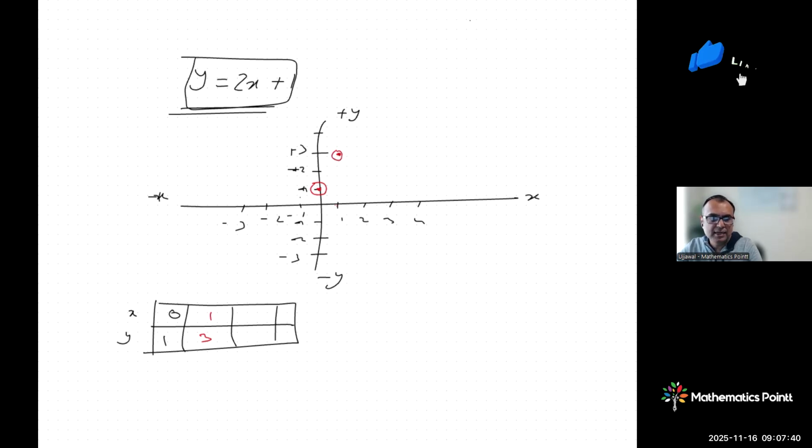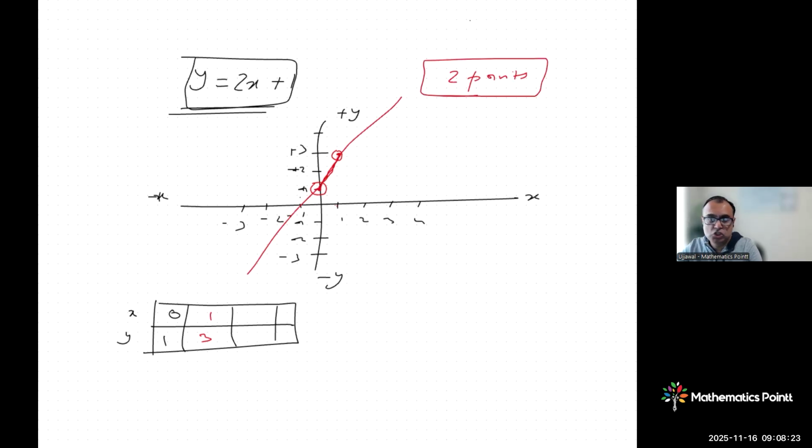Now, technically speaking, I can draw a straight line the moment I have 2 points. A straight line just needs 2 points. Not a perfect straight line, but I've drawn one, and I can keep going. If I have more points, better. But in order to draw a straight line, I just need 2 points, and I can extend it in any direction.